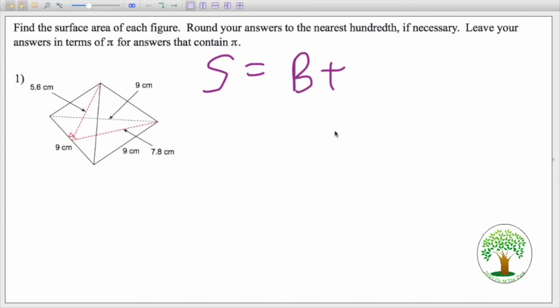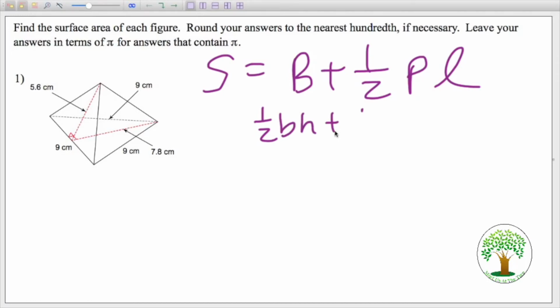B plus 1/2 PL. We only have one base. What kind of formula goes for this base? One-half base times height. Yes, lowercase, plus 1/2 PL.